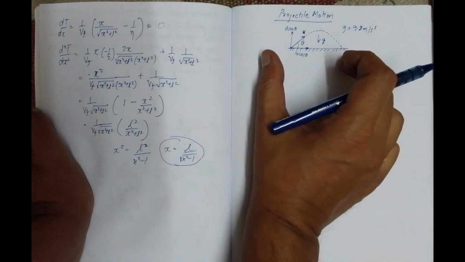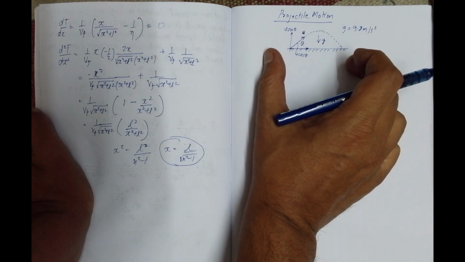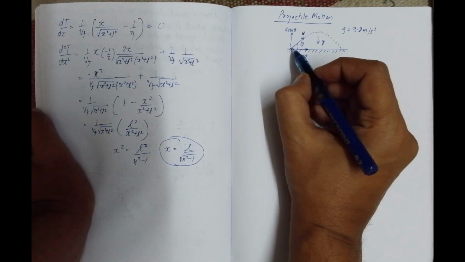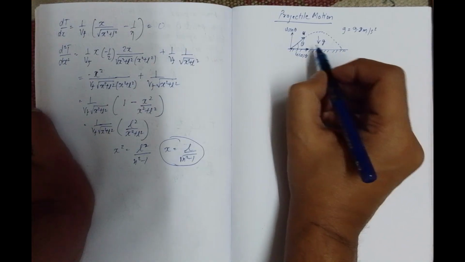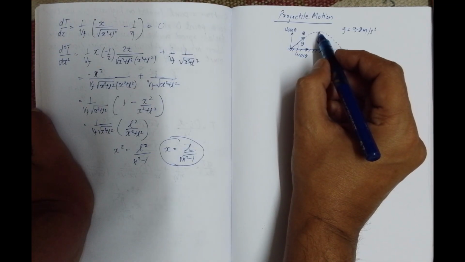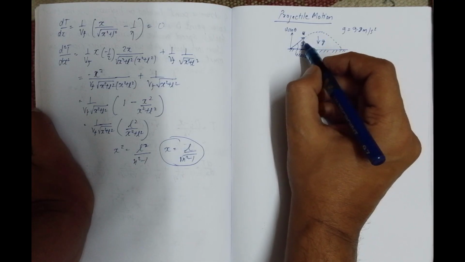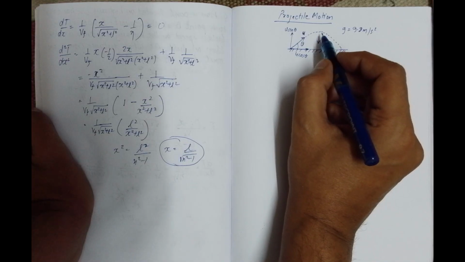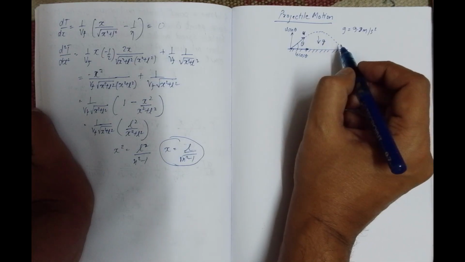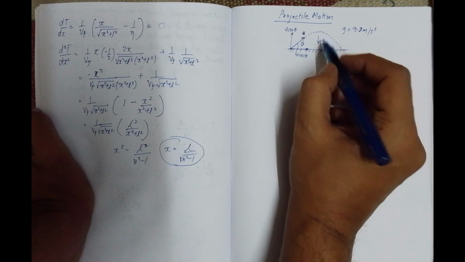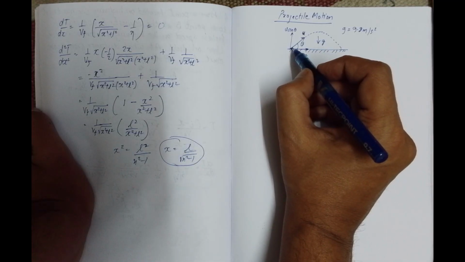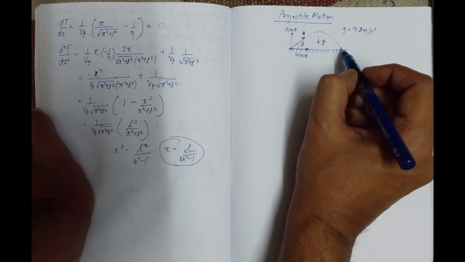Now there are a couple of parameters that we should know here. First parameter is the range. Second parameter is the maximum height up to which this ball goes before it starts coming down, and the time taken for the ball to reach from here to here.